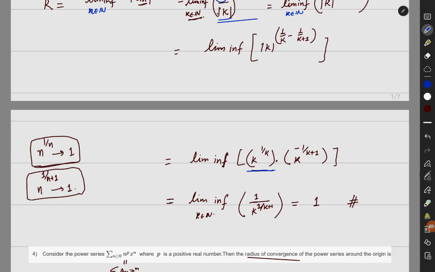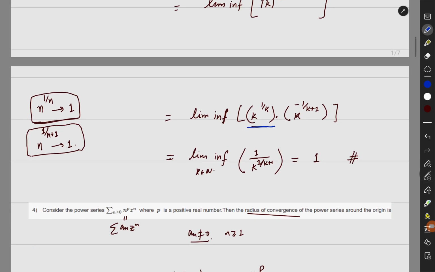Now n to the power 1 by n is a sequence which converges to 1. So the first sequence goes to 1. What about the second? Making the power plus, it becomes 1 by this sequence, and this sequence again converges to 1.